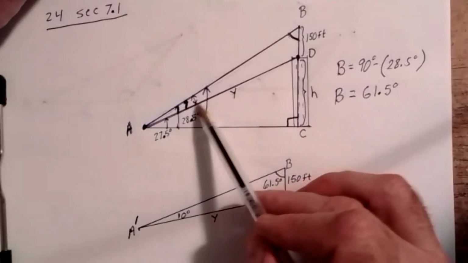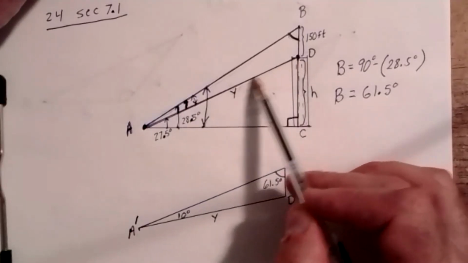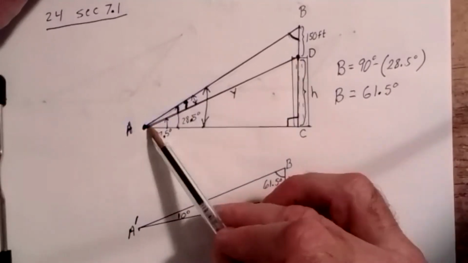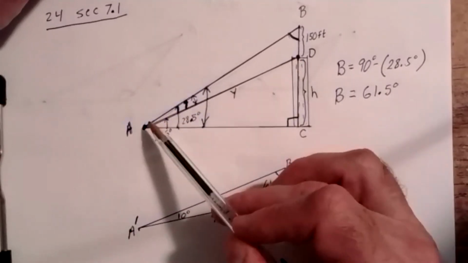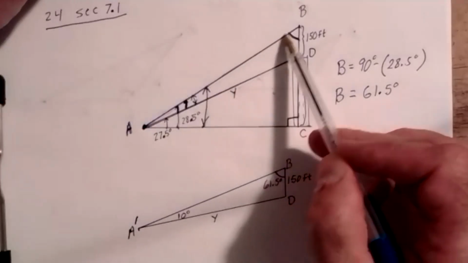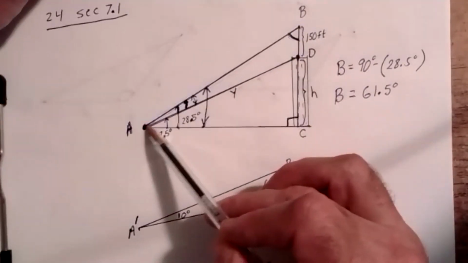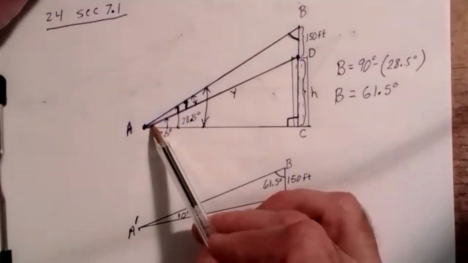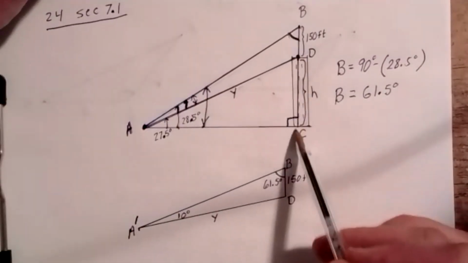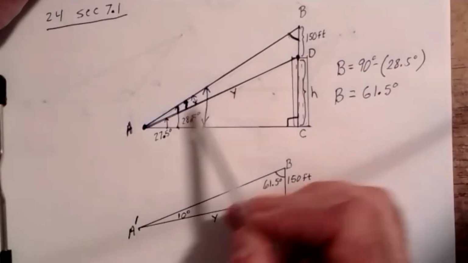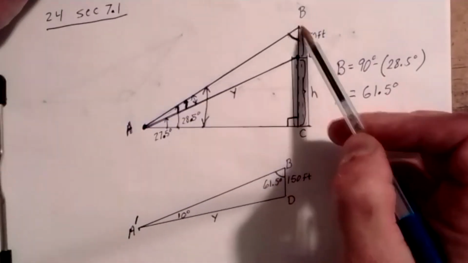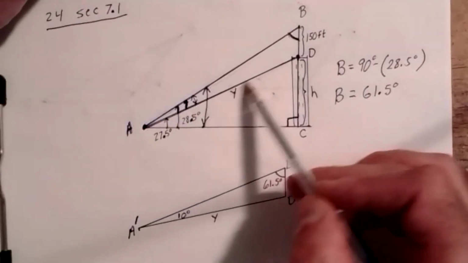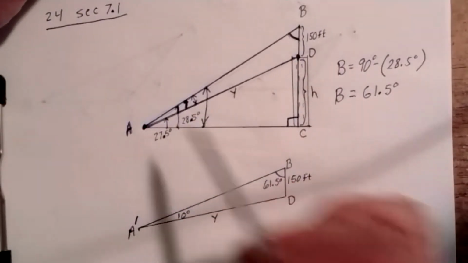I'm going to label this side length here Y, of length Y. This side is shared by the small upper triangle, which is not a right triangle, excuse me, and it's shared by this lower right triangle here. Do we agree? Side Y is shared by this small triangle that I extracted out of the diagram, and it's also shared by this right triangle right here.